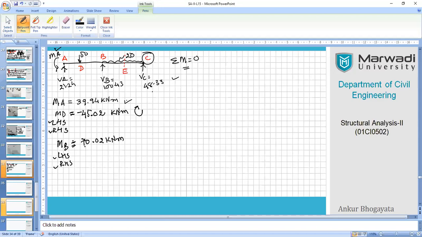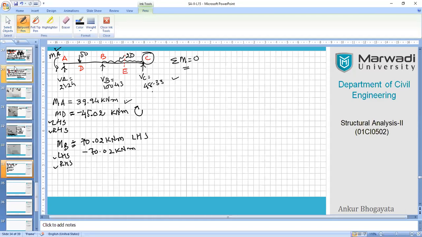This answer is for the left hand side or right hand side? Yes, Birendra. Left hand side, sir. Very good. It is left hand side, so it is positive. You can see here, and obviously when you work on the right hand side, it will get turned into the negative value, right?